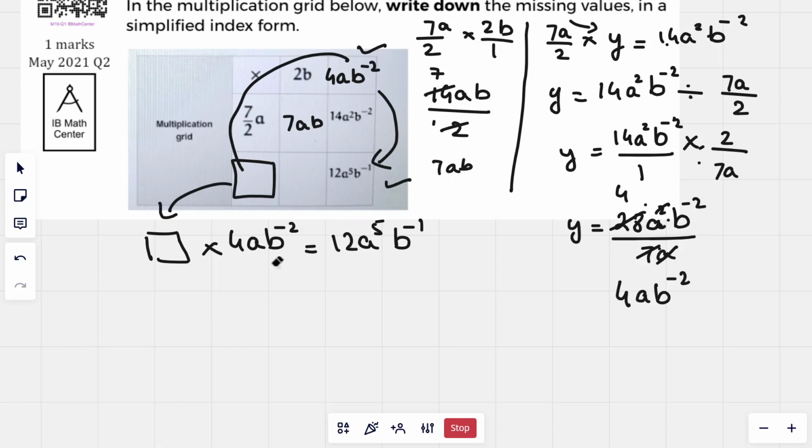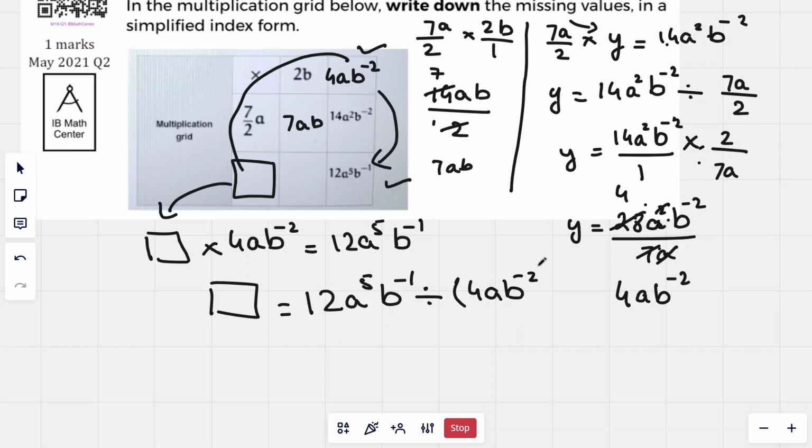They'll go to the other side and divide. So the mystery box alone is 12 a to the power 5 b to the power negative 1 divided by 4 a b to the power negative 2.